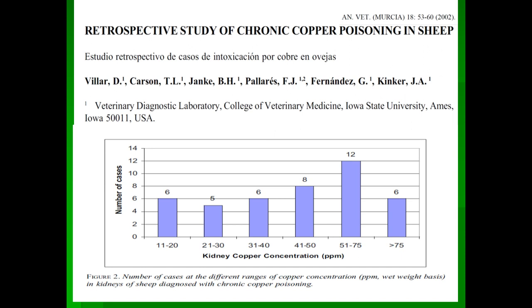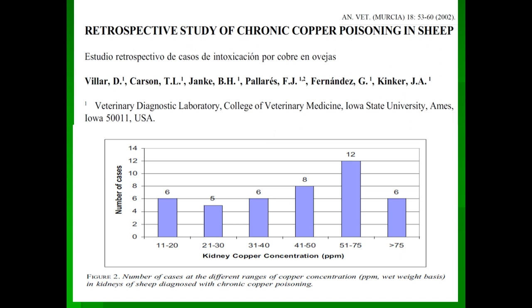So the kidney is better than the liver as the organ of choice to diagnose copper poisoning. If you had to choose one or the other organ to submit for analysis, we see that the number of cases at the different ranges of copper start at 11 parts per million, and the normal values in sheep are 4 to 5 parts per million.